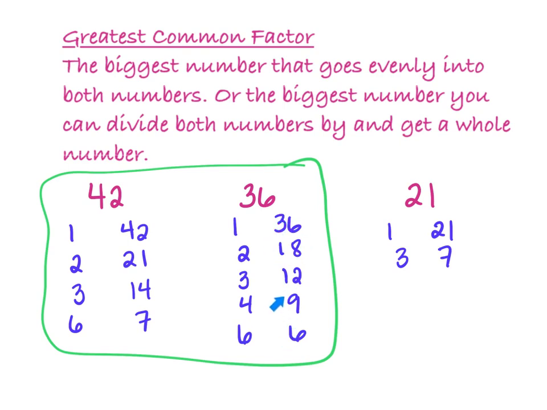None of these numbers, 36, 18, 12, 9, show up anywhere for the factors of 42. But when you get to 6, we do see 6 come up over here. So the greatest common factor of 42 and 36 is 6. So our greatest common factor, or GCF, is 6.